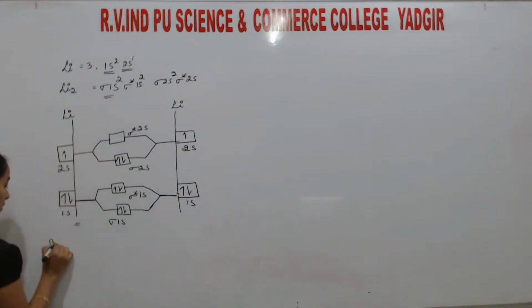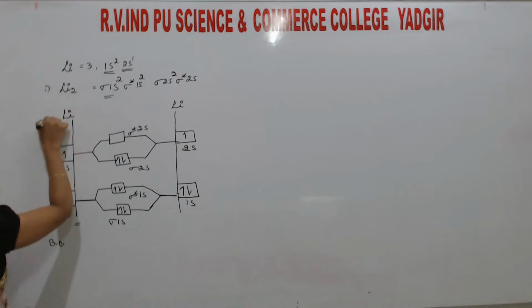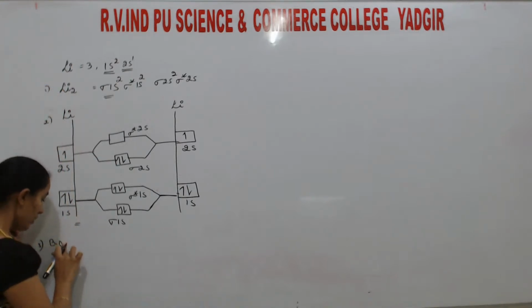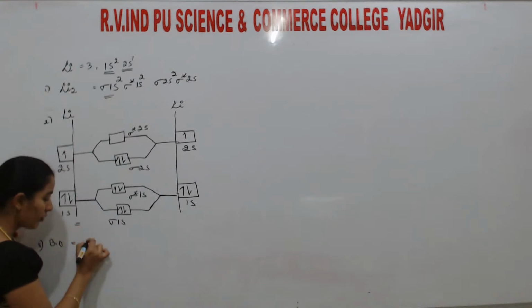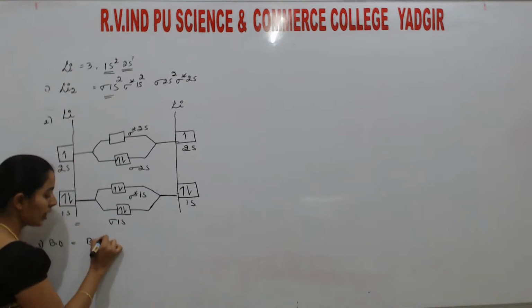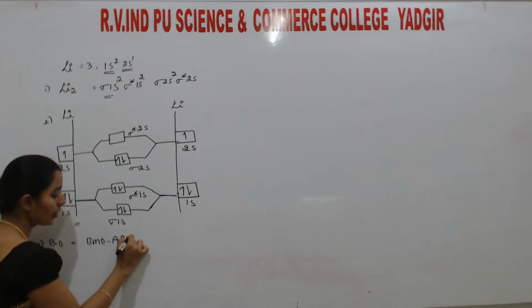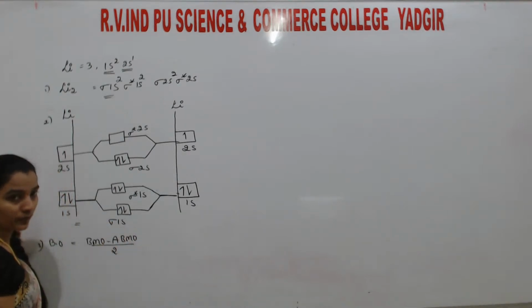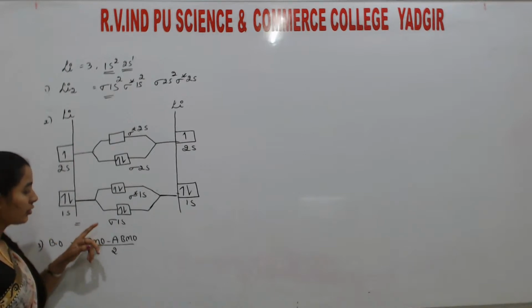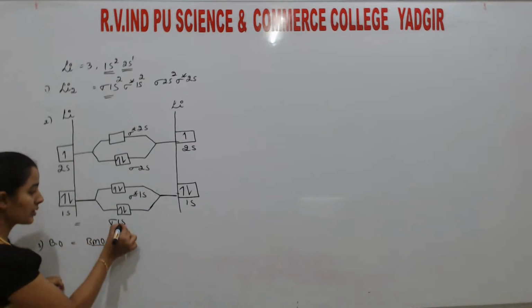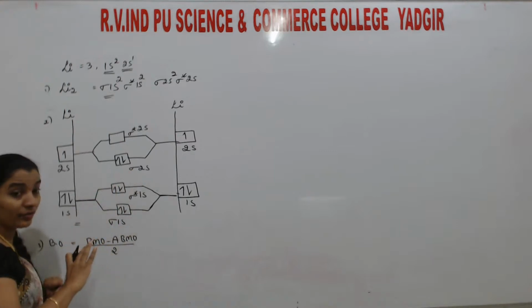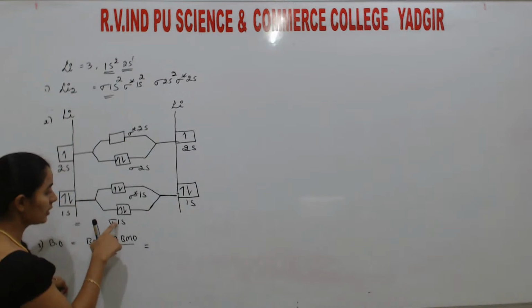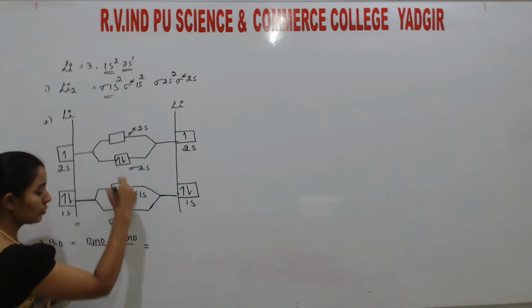The next one is bond order. This is first, this is second, and third is bond order. Bond order is the number of electrons in bonding molecular orbitals minus the number in anti-bonding molecular orbitals, divided by 2. Bonding molecular orbitals are the ones without a star: here 2 electrons and here also 2, so 4. Antibonding, with a star, has 2 electrons.